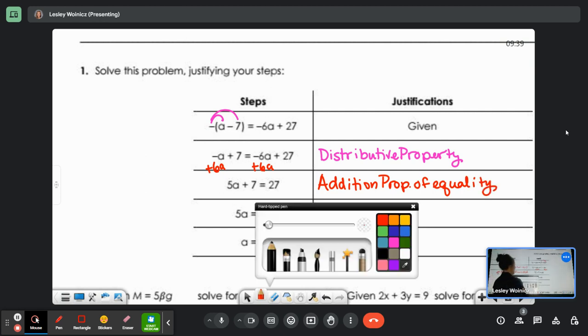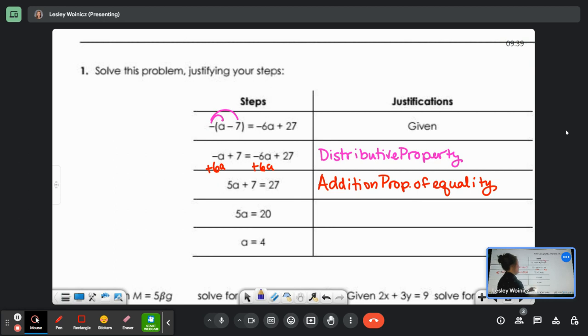Okay, what about the next step? Yeah, we're going to subtract away the 7 from both sides. That's our subtraction property of equality. That's the EOC card, right?